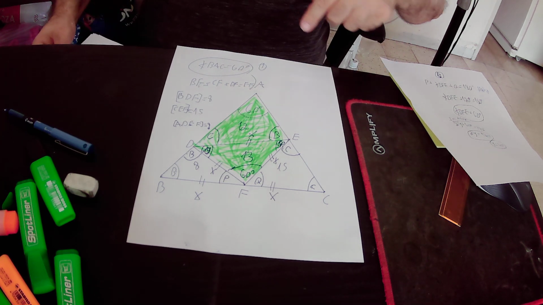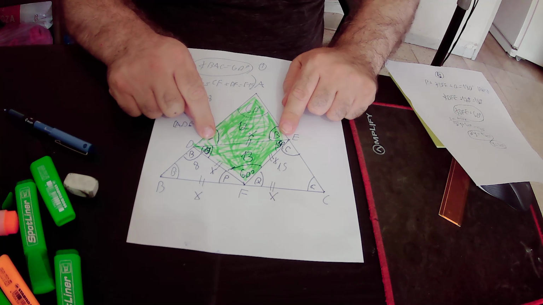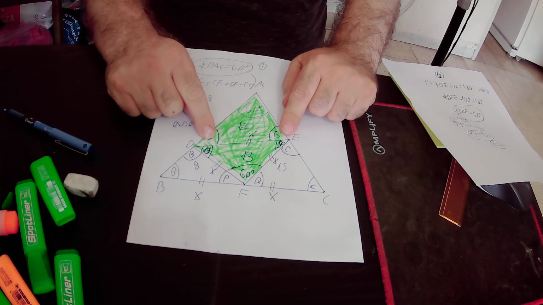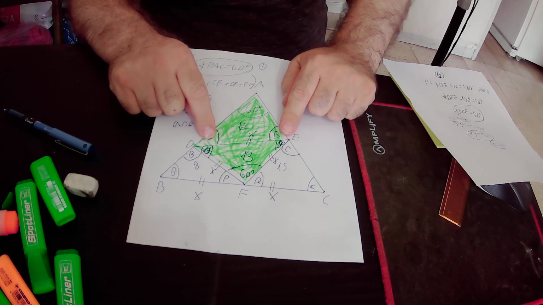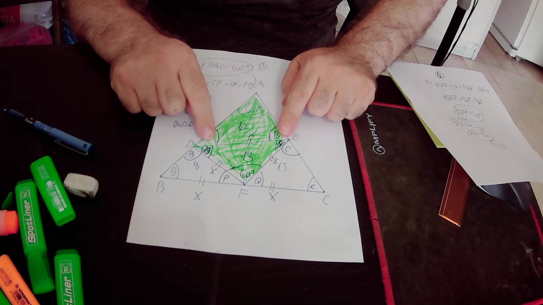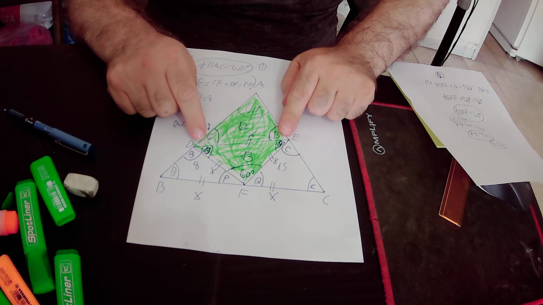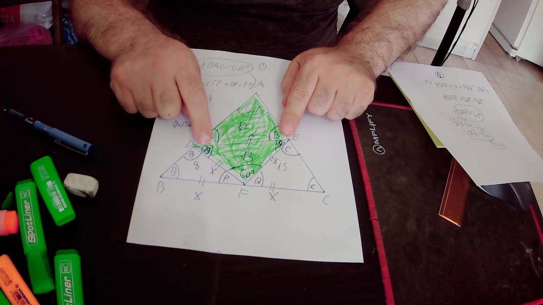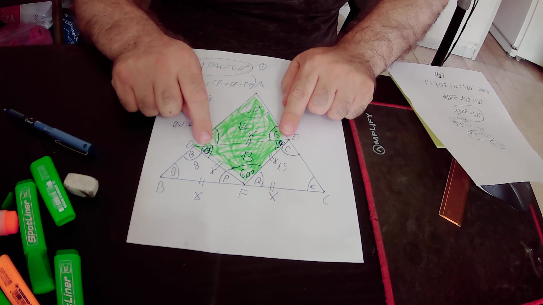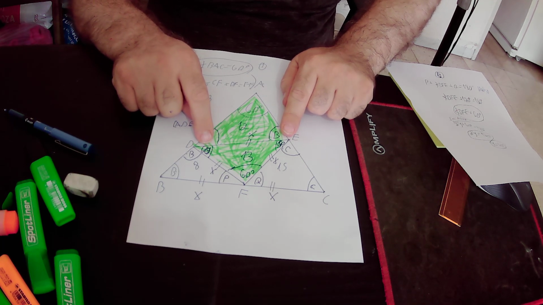Therefore those two angles must also be equal to each other, according to the rule that opposite equal sides in a triangle there are equal angles. So we defined one angle as y, so the other angle must also be equal to y.